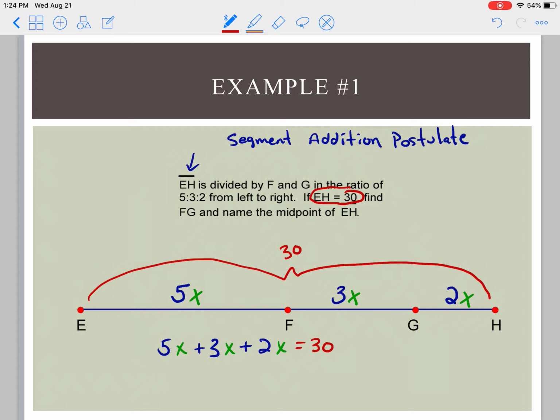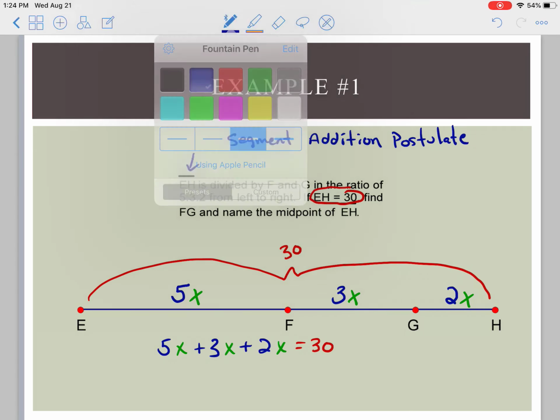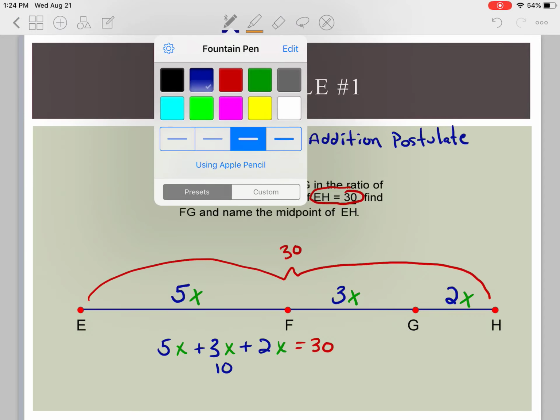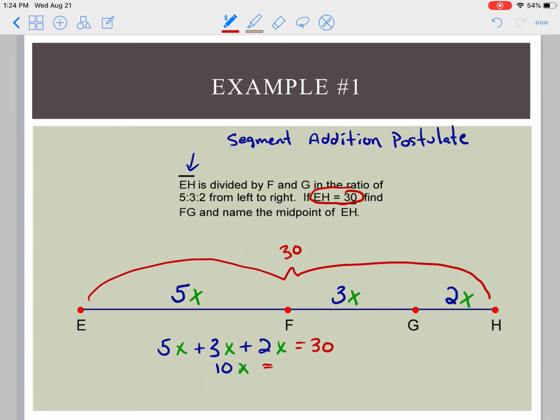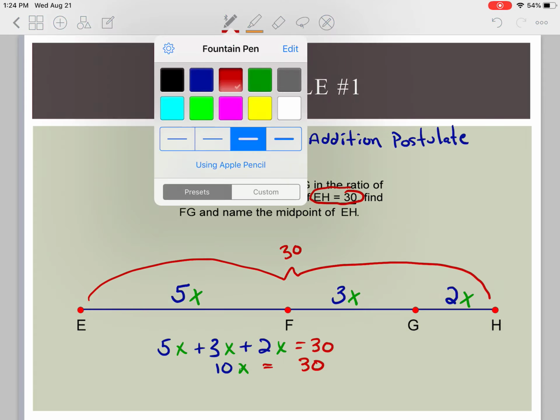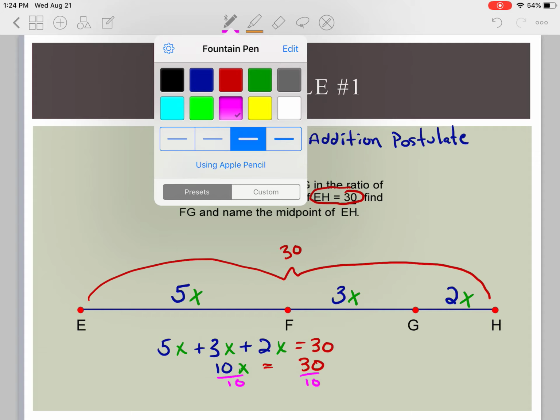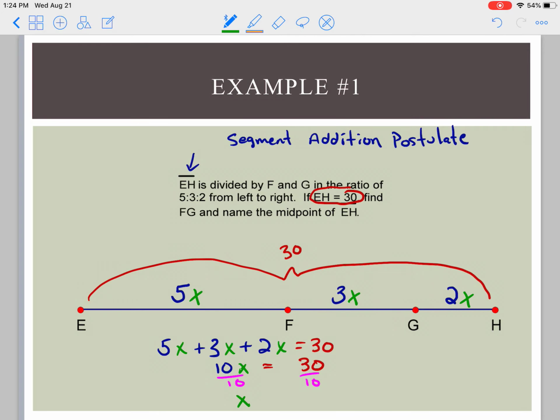Combining like terms, all my terms on this left side are alike, so I'm going to end up with 10x, and that will equal 30. I need to isolate the x, or get it by itself, so I'll divide by 10, and I have a value of x equals 3. At this point I'm not finished because all I have is my value for x.